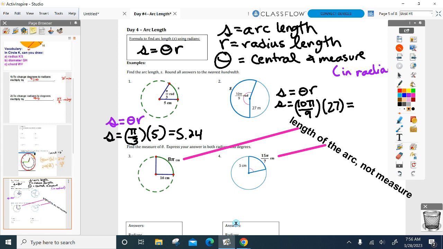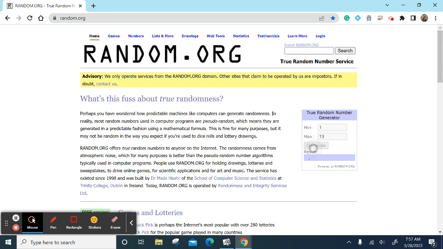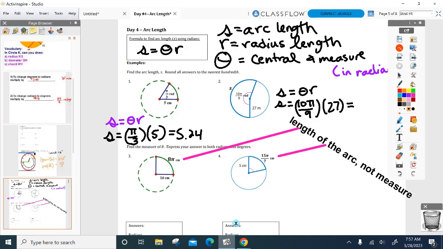Then plug them into my calculator. Nearest hundredth, 94.25. There you go, there's the length of my arc.